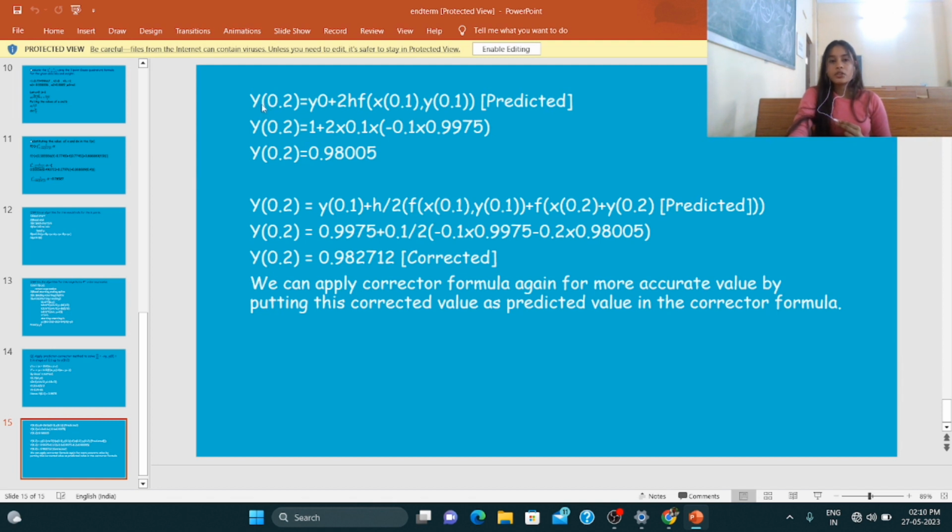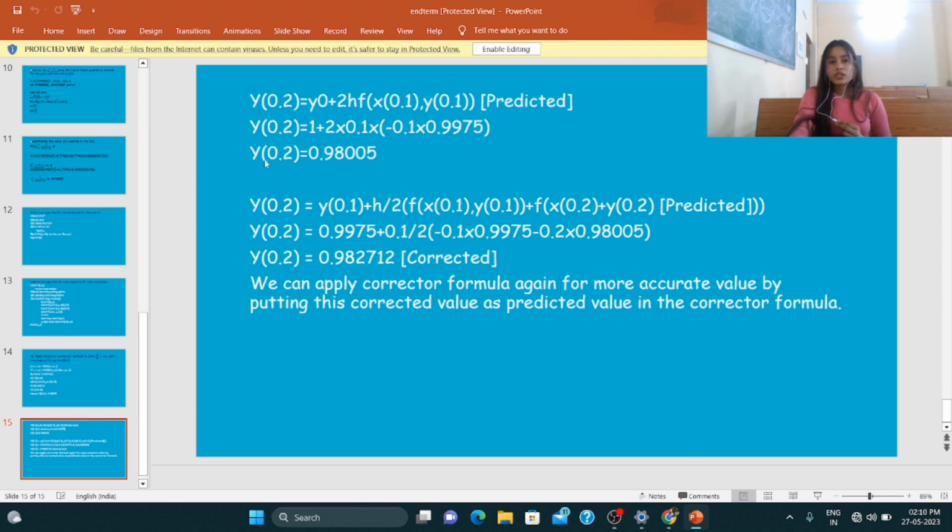We get y of 0.2 equals to y0 plus 2h f of x 0.1 comma y of 0.1, which is predicted, and y 0.2 equals to 1 plus 2 into 0.1 into minus 0.1 into 0.9975.